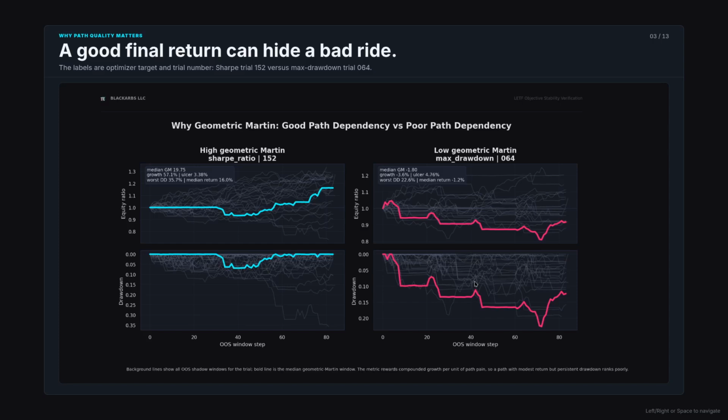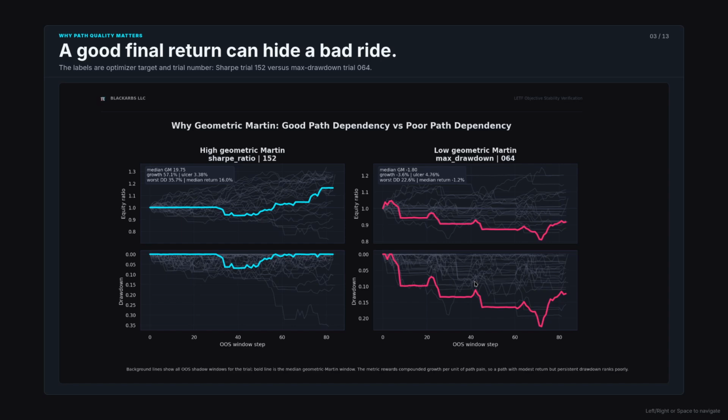So the idea is a good final return can hide a bad ride, right? And so I wanted to grab an example of 2 different paths to show this, right? And why this led to choosing which metric that we're looking at as a means to evaluate the best optimizer to use.